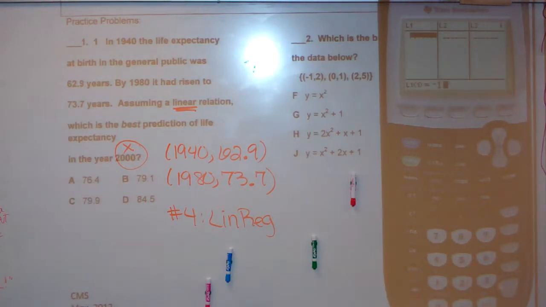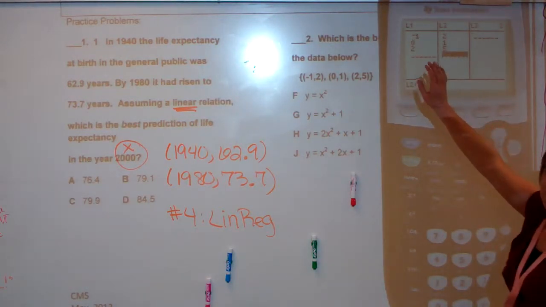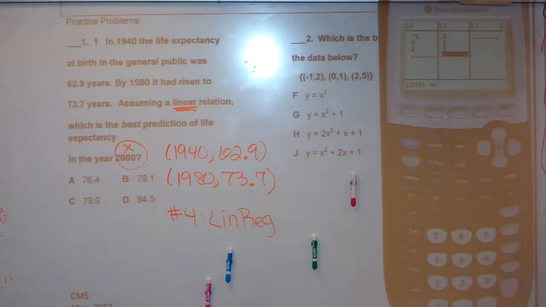So -1, 0, and 1, excuse me, and clear that. I want that to be 2. All right, my y values are 2, 1, and 5. All right, the problem said it's quadratic, so when I go back to stat and I go over to calculate, I want to choose quadratic, which is number 5. And when I do that, it gives me this.